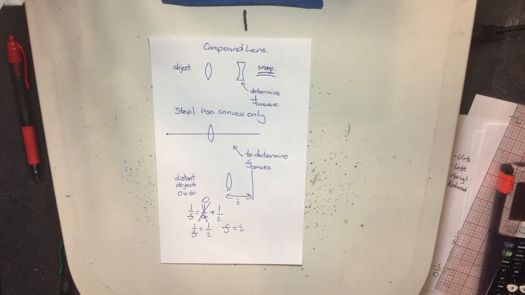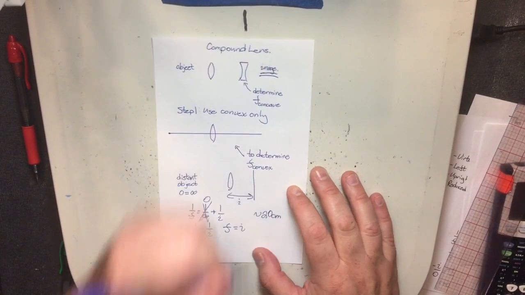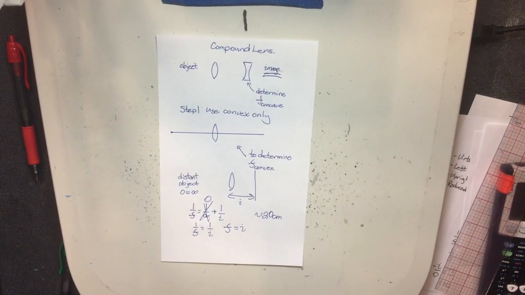So you're going to hold that sheet of paper out, hold the lens, and the distance at which it focuses is the focal length of your lens. Typically, it's going to be around 20 centimeters. Some of them are 18, 19, 20, 21, and 22. Same thing with the concave lenses, negative 18 through negative 22, something like that.